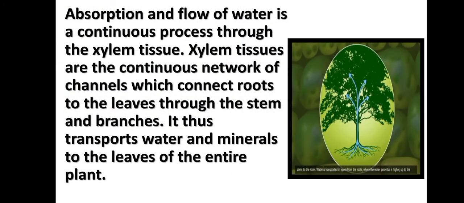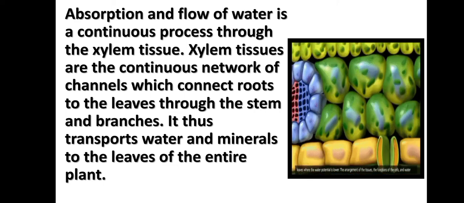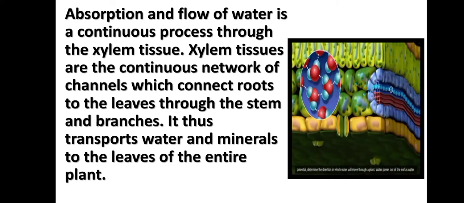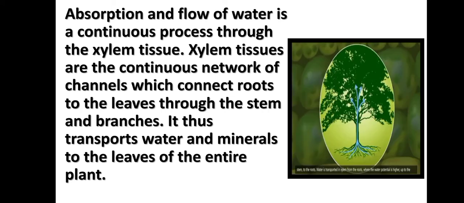Absorption and flow of water is a continuous process through the xylem tissue. Xylem tissues are the continuous network of channels which connects roots to the leaves through the stem and branches. It thus transports water and minerals to the leaves of the entire plant.